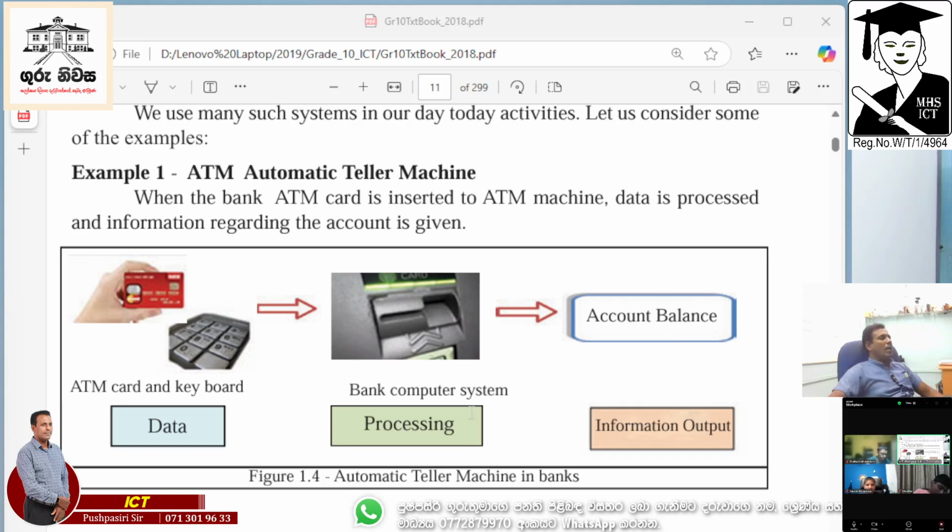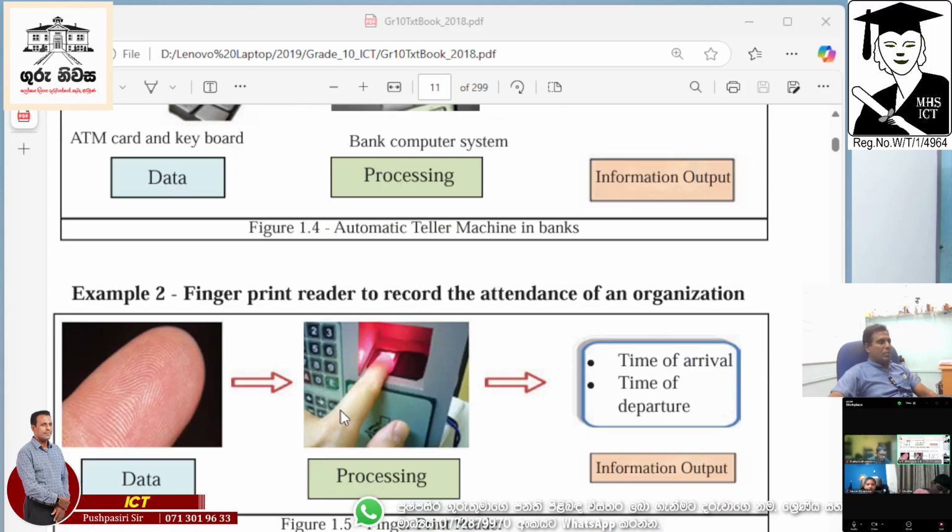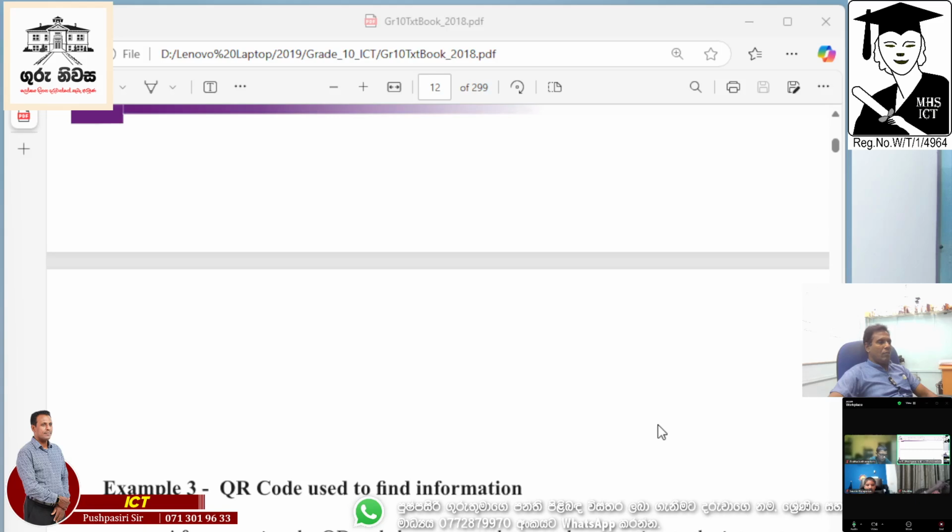Another example, a fingerprint reader. You place the finger, that is input data, and then it is processed inside. Then you get the information from here. These are called information systems.